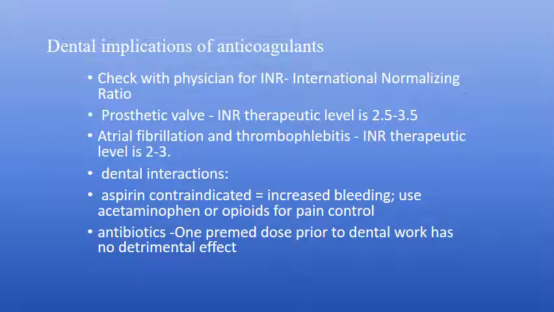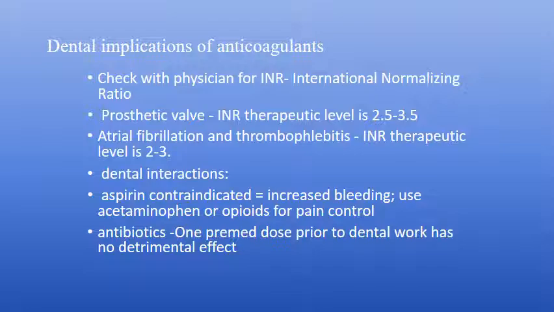Regarding dental interactions, you want to be careful with aspirin because it increases bleeding. Use acetaminophen or opioids for pain control. You also want to be careful with antibiotics because they reduce the flora in the GI tract, reducing the synthesis of vitamin K. Use clindamycin or amoxicillin, which have a small effect on it.